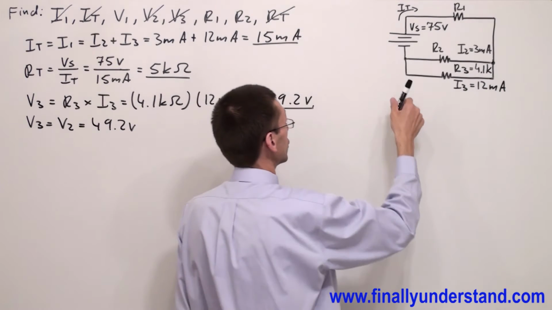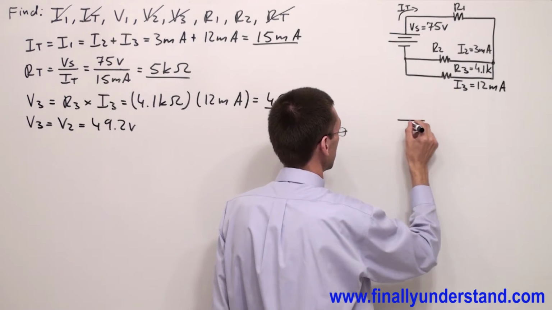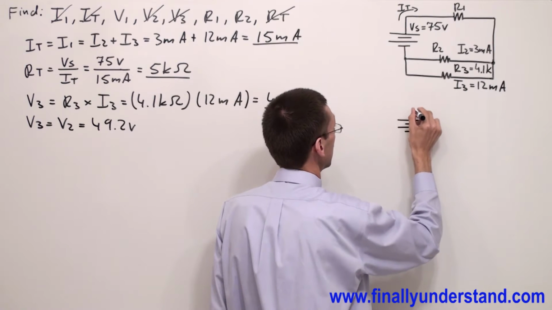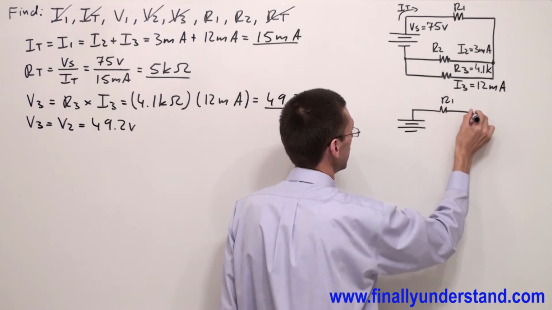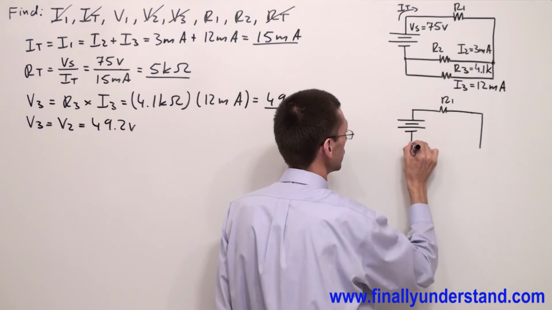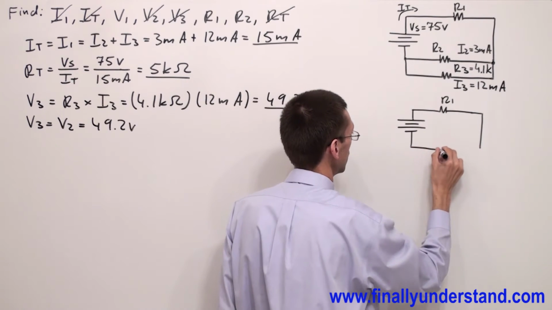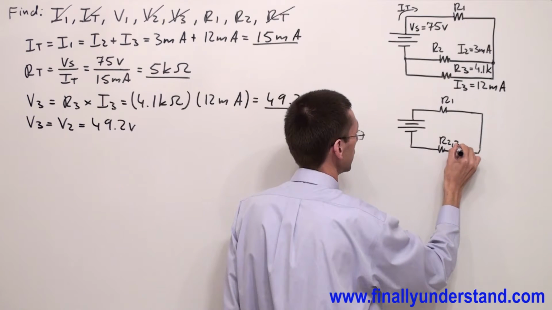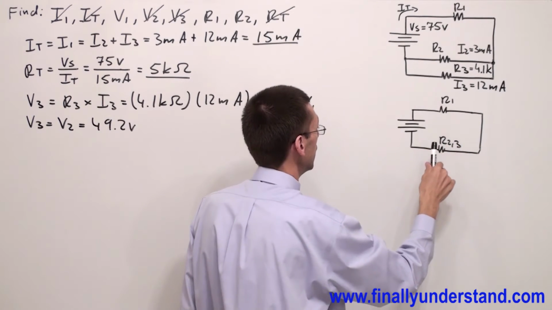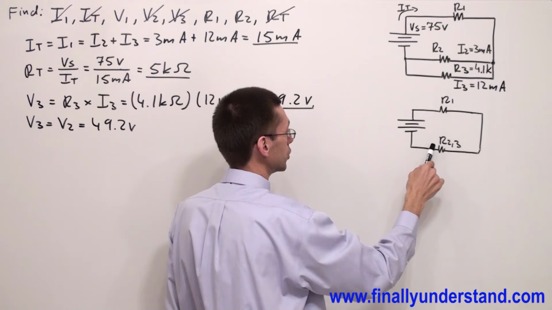Let me redraw this circuit. Okay, and I'm going to have resistor R1 and I'm going to have combination of these two resistors. I'm going to call them R2,3. Okay, so as you can see, we got the series circuit.